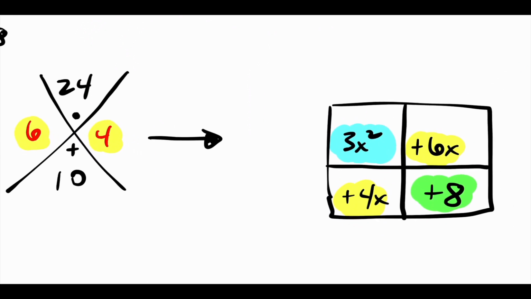So start with the blue section first. What times what? I'm not worried about the 3. Don't worry about the 3 yet. What times what makes x squared? X times itself again, right? So we start there. Problem is it's not a 1x squared. It's a 3x squared. So I need a 3 to go with one of them, not both of them.